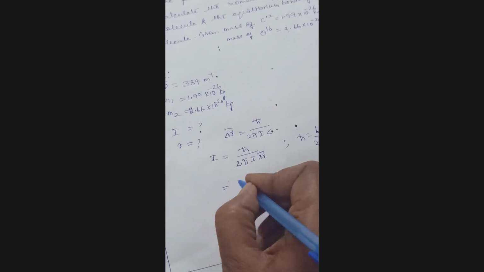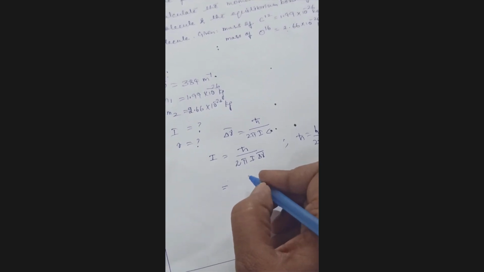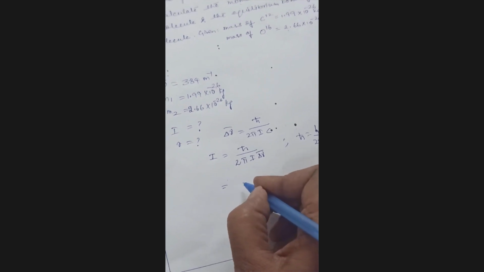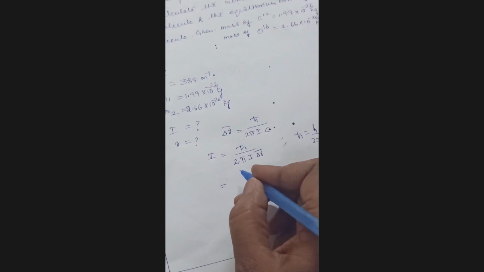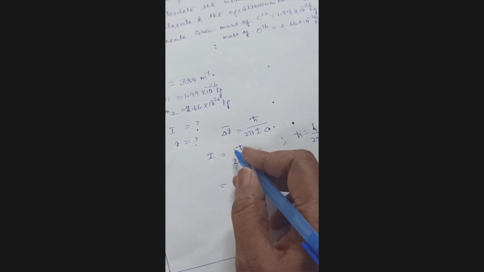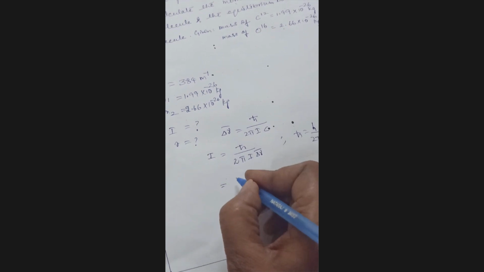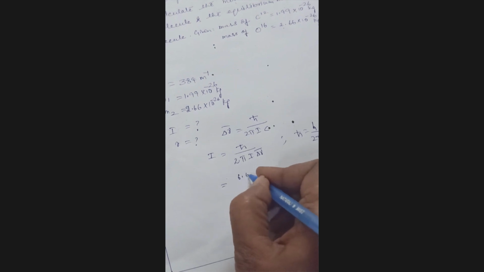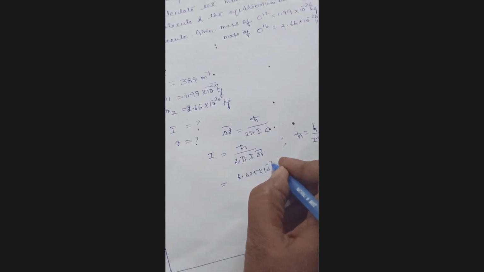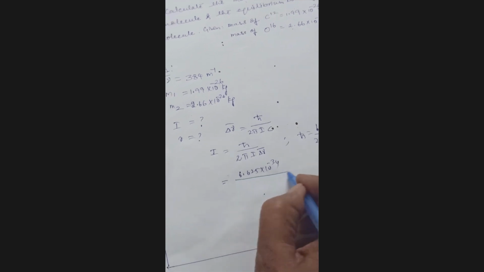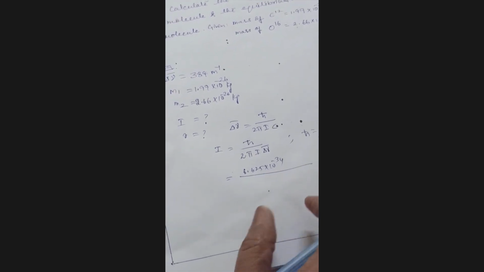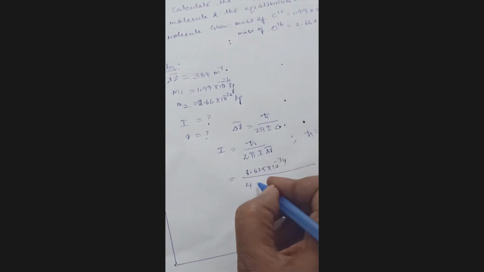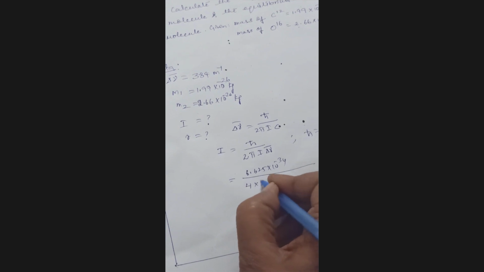So do the substitution over here. We get I, substitute all that: h value 6.625 10 raised to the power minus 34 divided by, we get 2 pi into 2 pi.